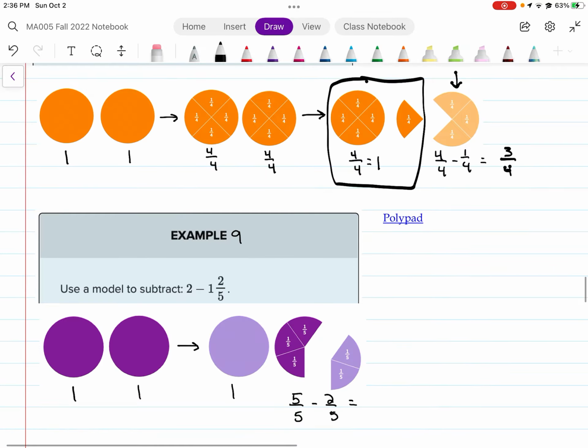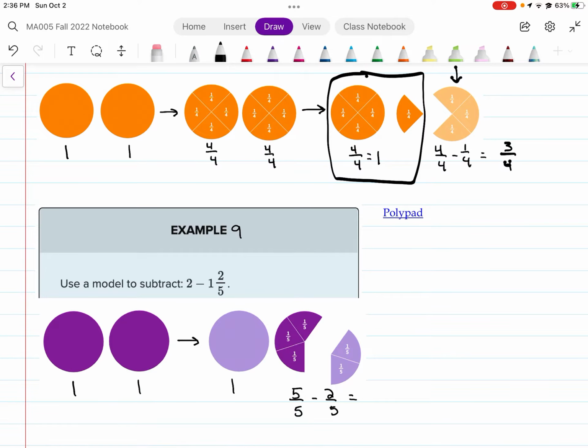All right, 2 minus 1 and 2/5. All right. So as they get lighter colored, it means they're going away. So here we've got our 2. Now we're going to turn it into things we can work with. So the 1 goes away, that goes away, and so does this. And we're left with 3/5.